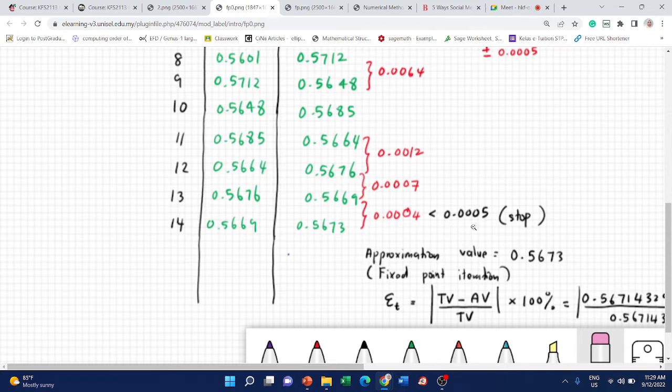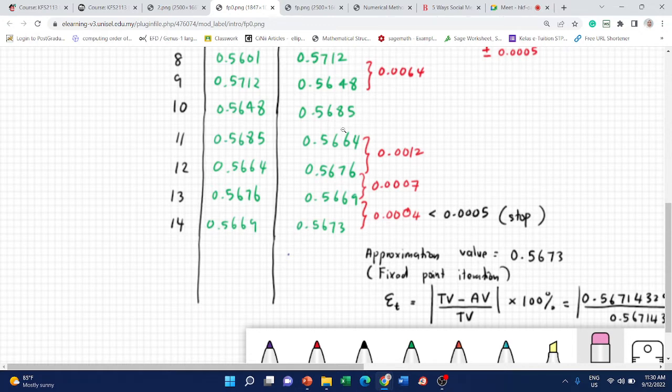If you have, let's say, 3 decimal places in the computation, you cannot use this one. This is for 4 decimal places. If your computation is correct to 3 decimal places, then you check when the difference is less than 0.005.